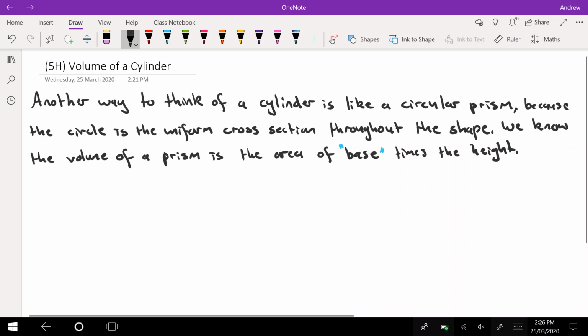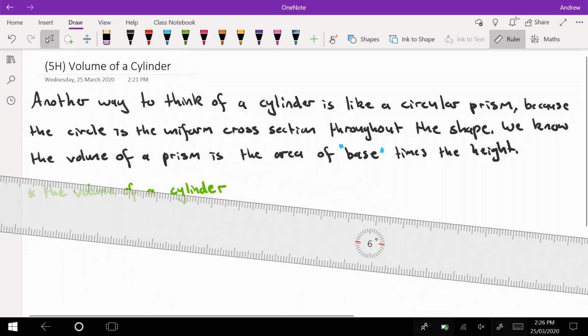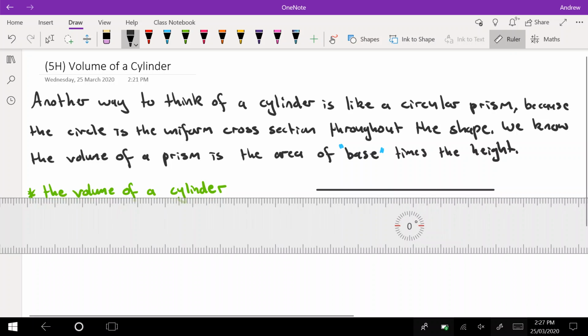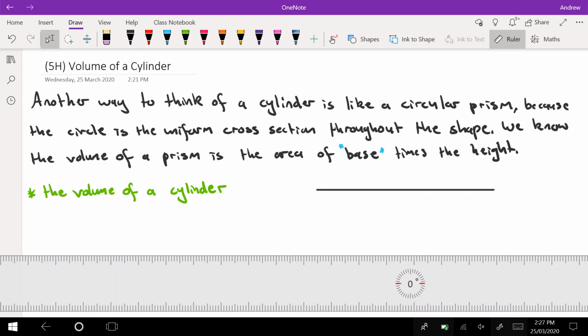So when we have a cylinder, the volume of a cylinder, I'm just going to try and draw my best looking cylinder. Something like that.